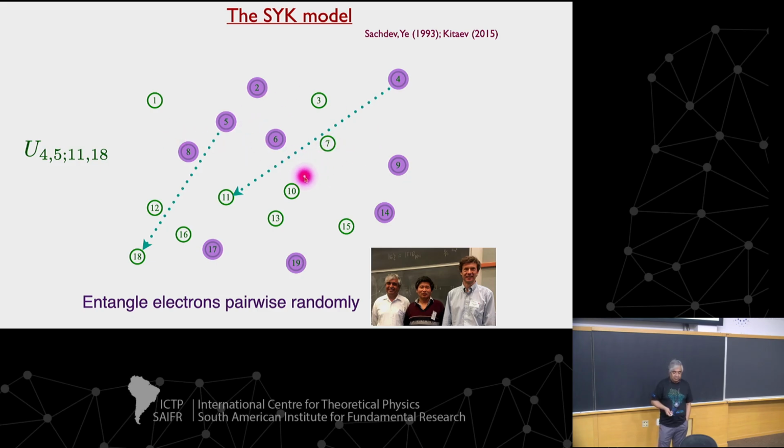But it has one nice property, which is that the density of the electrons, the density of the purple fermions, is arbitrary. It doesn't have to be half-filling. It can be anything. Not too far from half-filling, but there's a whole range of densities where you have the same behavior, independent of density. And that seems a good thing.